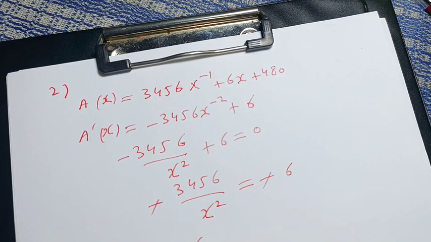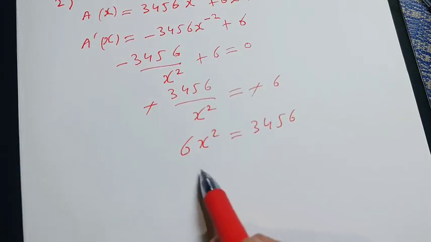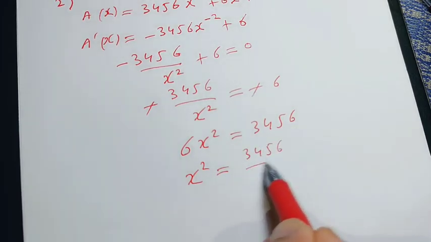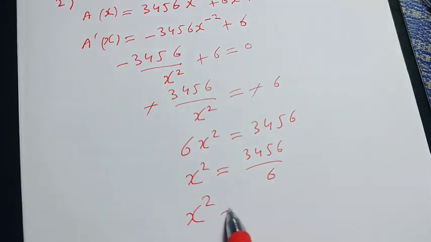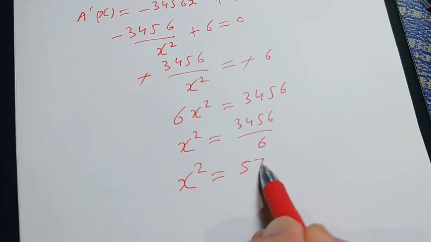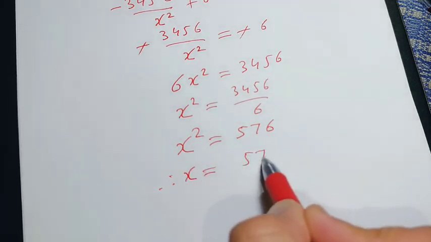So cross multiply: 6x power 2 is going to be equal to 3456. Now isolate the x squared. So 3456 divided by 6, the answer is going to be 576.